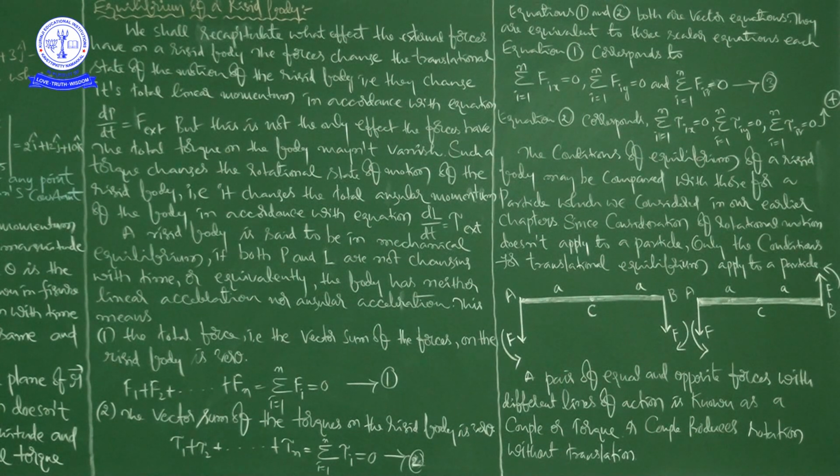C is the midpoint of AB, so CA is equal to CB, and we represent that as CA equals CB equals small a.